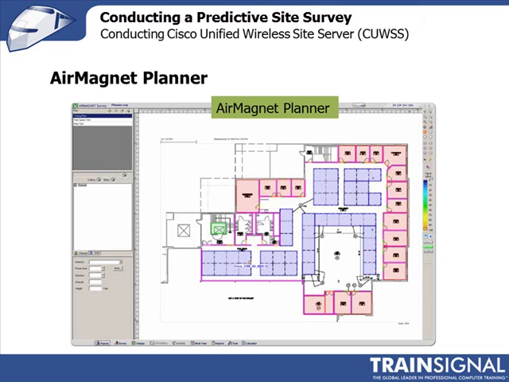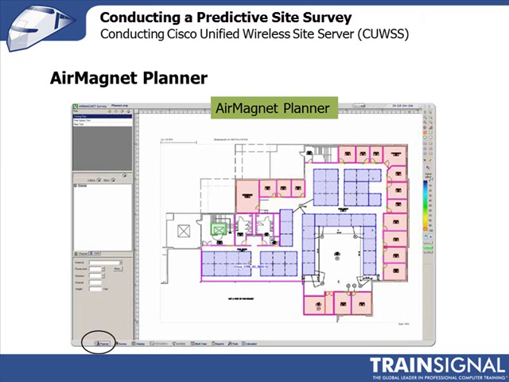So whenever you're using a predictive tool, they're great to give you an idea of what you might expect in terms of a deployment, but you can never replace the need to go out and actually do a physical survey, because you need to see what interference, etc. is operating in the channels that you plan to deploy on.